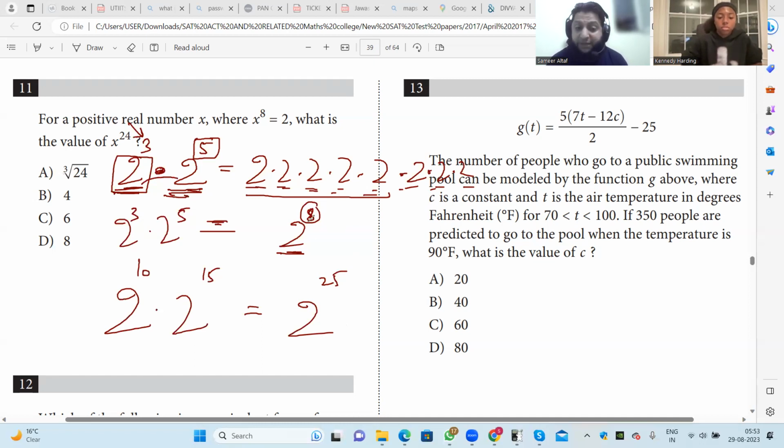Now, if you're having same bases in division, like 2 to the 10 divided by 2 to the 3, you'll be subtracting the powers. That's 2 to the 7th. Correct. You can even do this on the calculator.